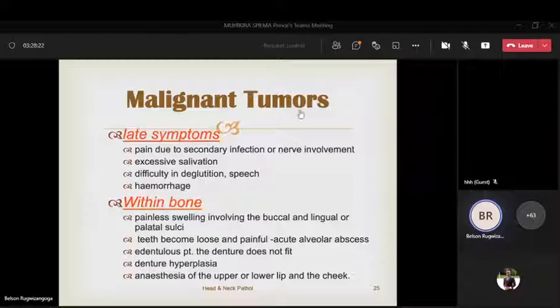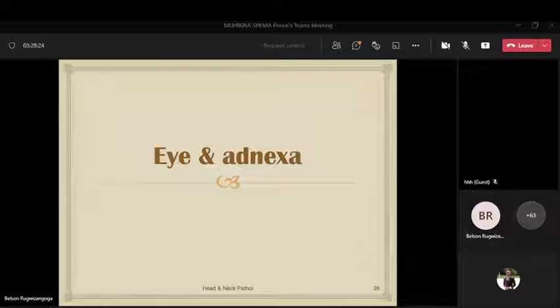So there are many signs. Here now, these were the general concepts. Otherwise, we will come back to these tumors with some specific examples. And here we will start with the tumors of the eye and the adnexa.